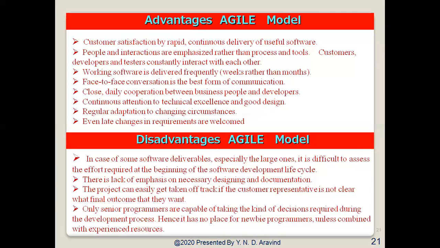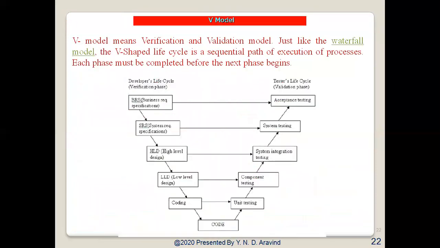When there is no clear documentation or designing, and when there is a need for high documentation or high designing, we cannot go for this particular Agile model. So that's the reason. In those cases, we cannot go for the Agile model.